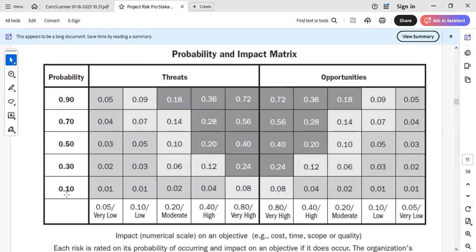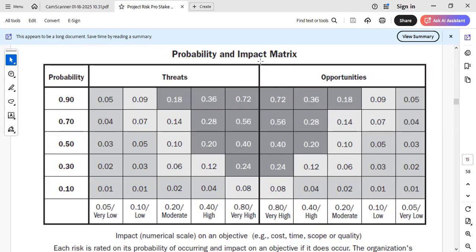Further down to 0.1 means it has a lower certainty of occurring. That's what this probability is saying. When we have 0.5, it's 50-50. It may or it may not. The possibility of occurring and the possibility of not happening are the same. That's why it's 0.5.